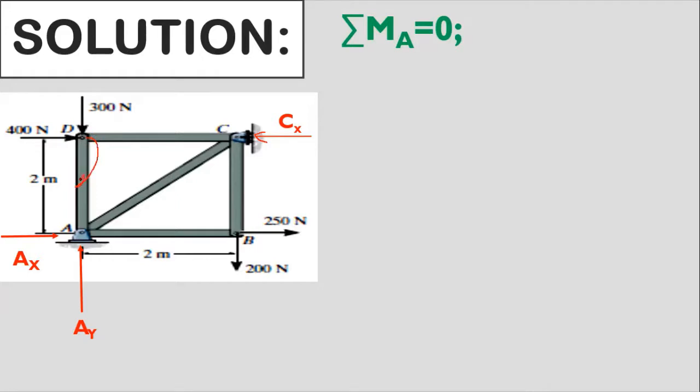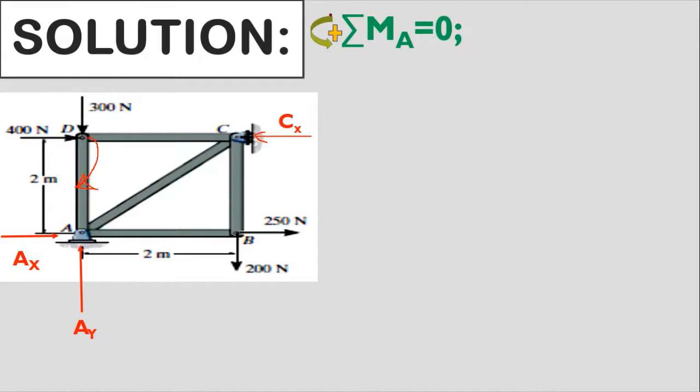As I told you in the last lecture, when doing the summation of moments I always take the anti-clockwise direction as positive, so clockwise becomes negative. It's up to you which direction you take as positive or negative.